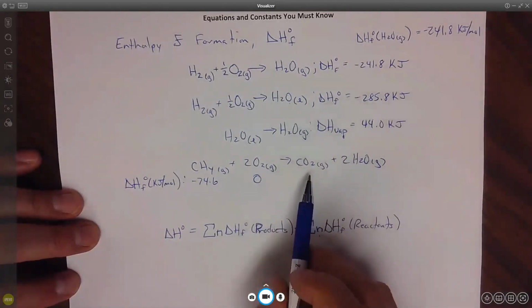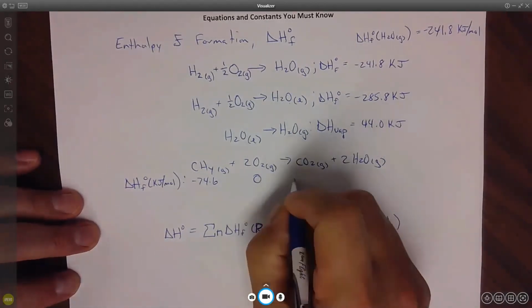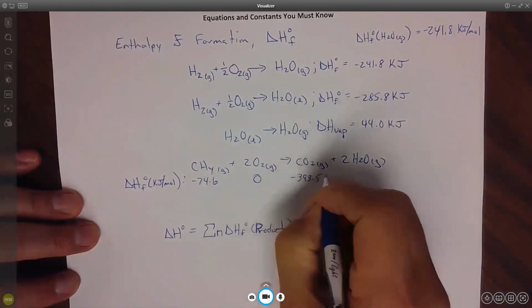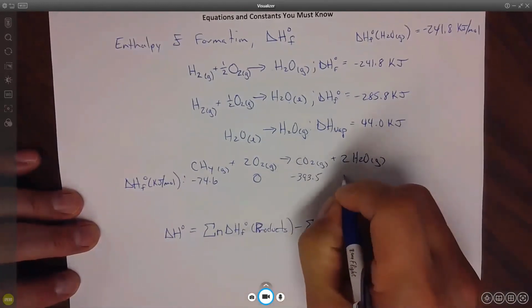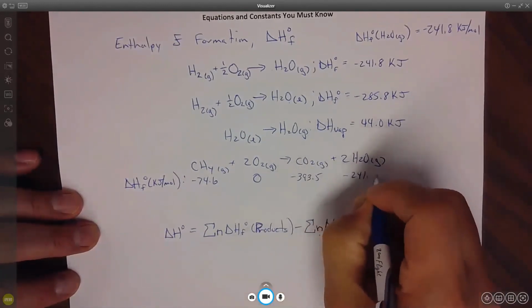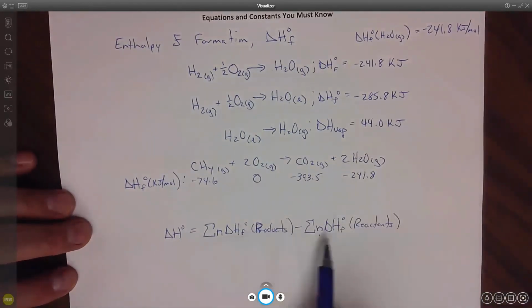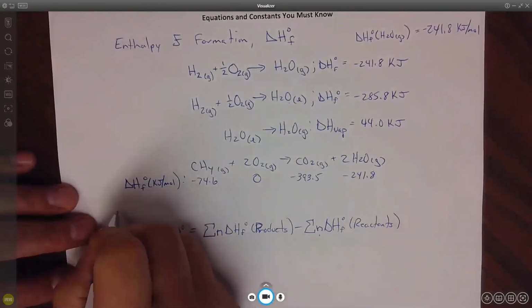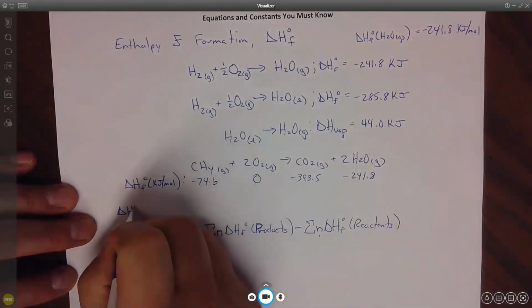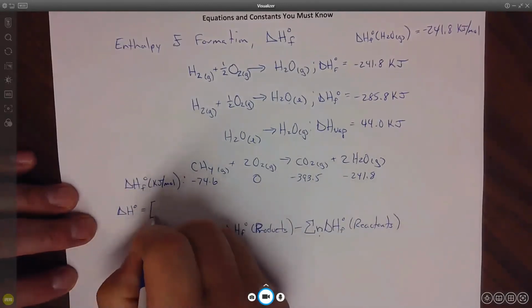So we're going to look up carbon dioxide gas, and it is negative 393.5 kilojoules per mole, and gaseous water at negative 241.8 kilojoules per mole. So we're going to simply plug that into this guy here. So that is going to be our products.